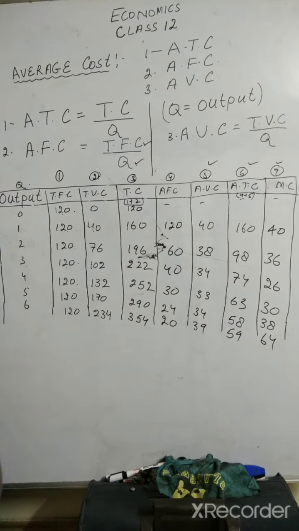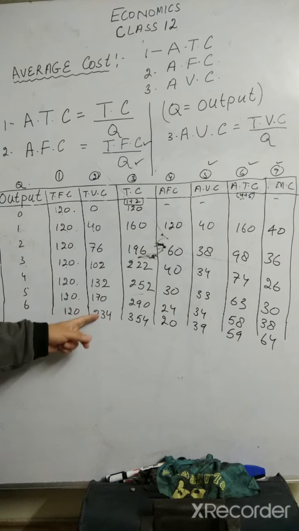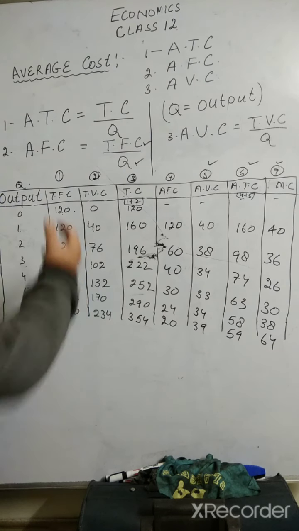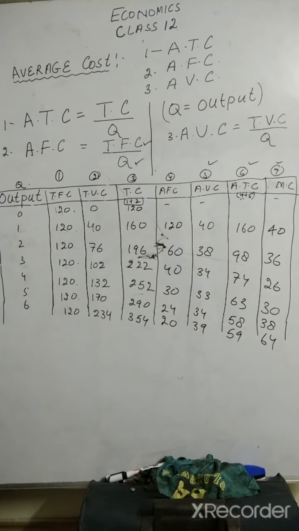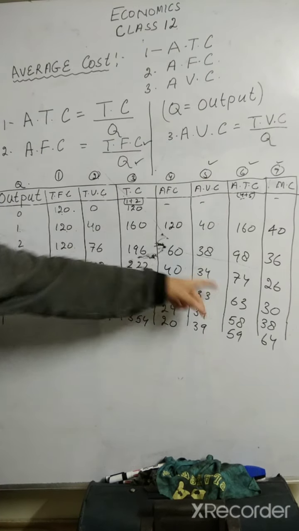These are two different ways of calculating marginal cost. Either with the help of total variable cost or with the help of total cost. With both of these, you can calculate marginal cost. Got it?